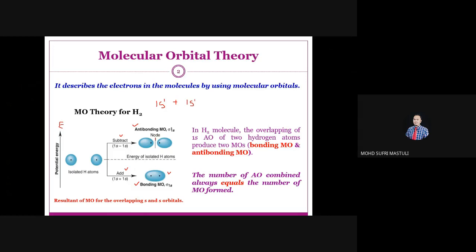So for the bonding, the addition, it becomes like this. The anti-bonding orbital will be asymmetric, and the electrons will be further away from the node region. This is why, as you can see, the bonding orbital is round in shape, but the anti-bonding molecular orbital looks a little bit oval.